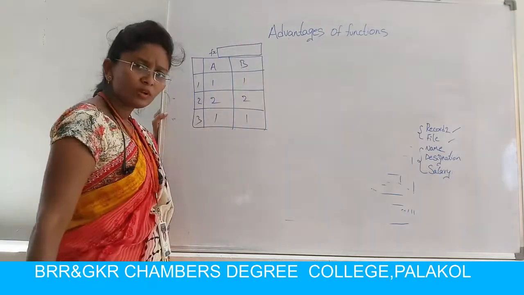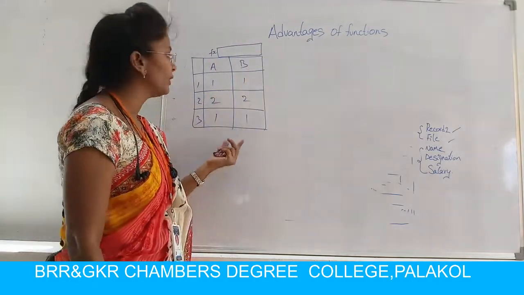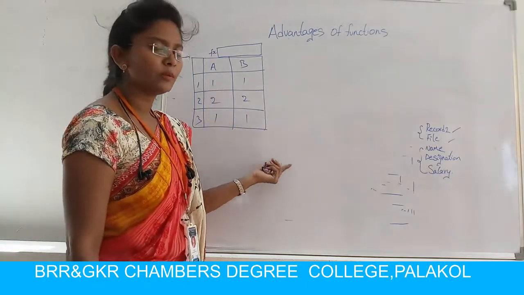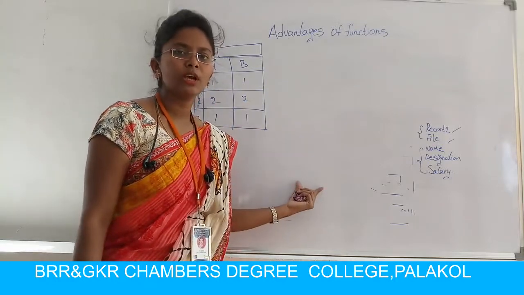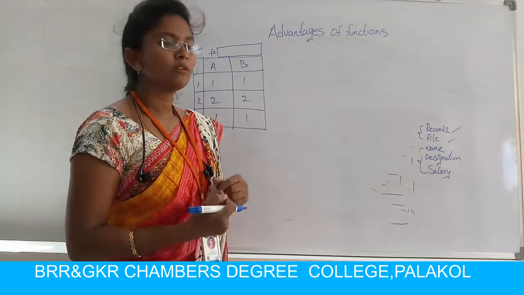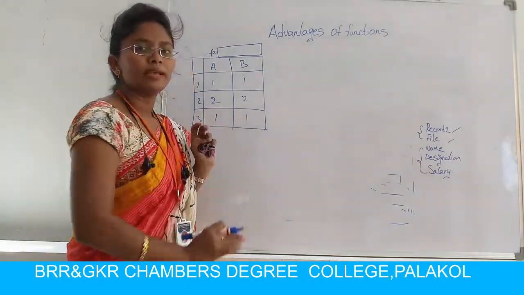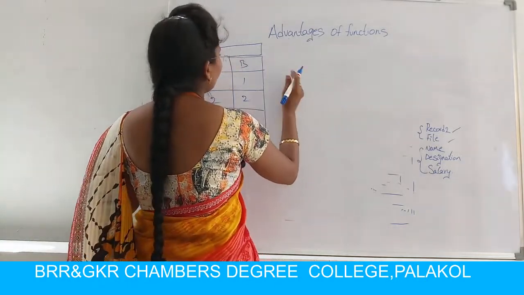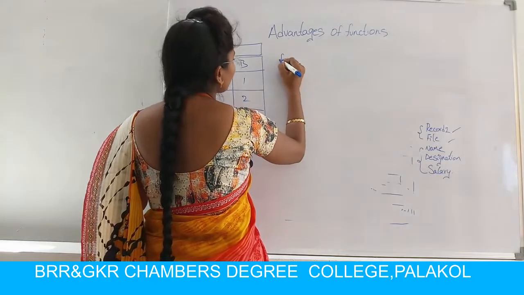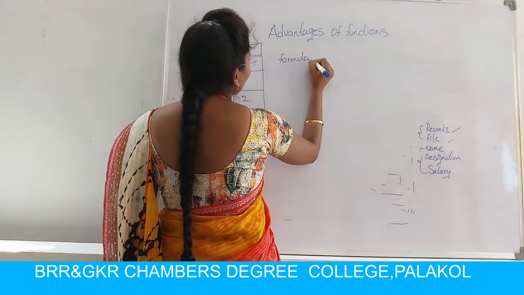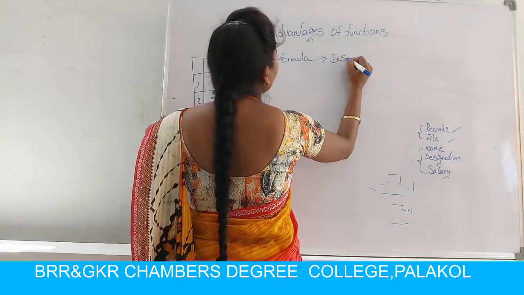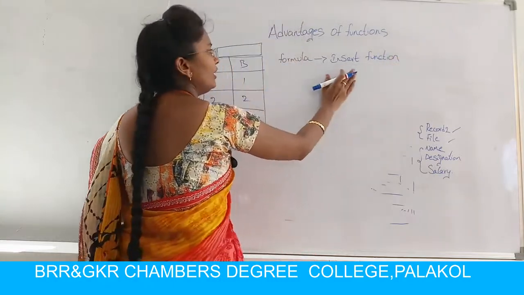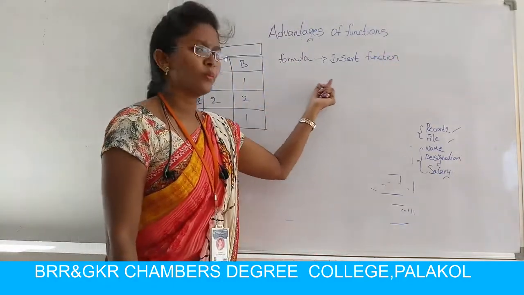The advantage of these functions is that by using this data, I can add or subtract or multiply, whatever mathematical or logical functions are available in the Excel sheet, and apply them to this sheet. Go to the Formulas tab and then you can see the insert function option.